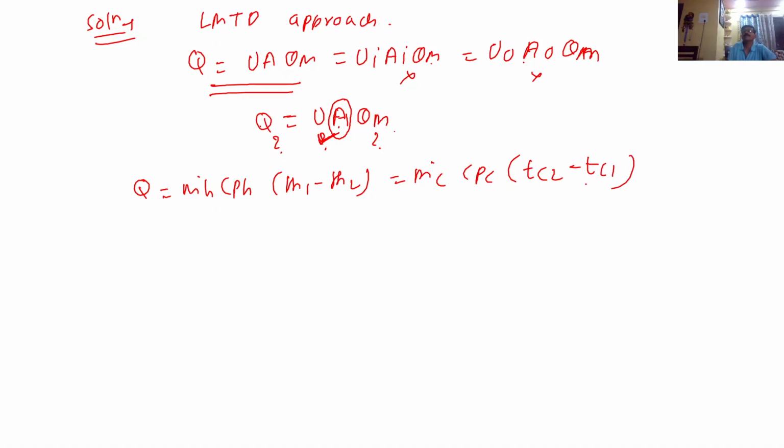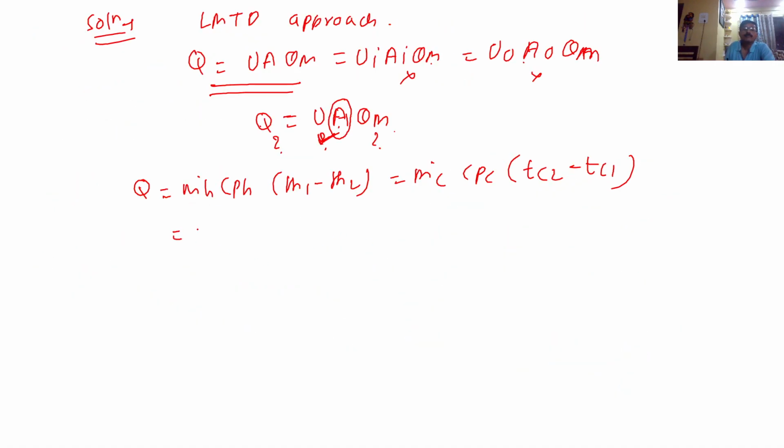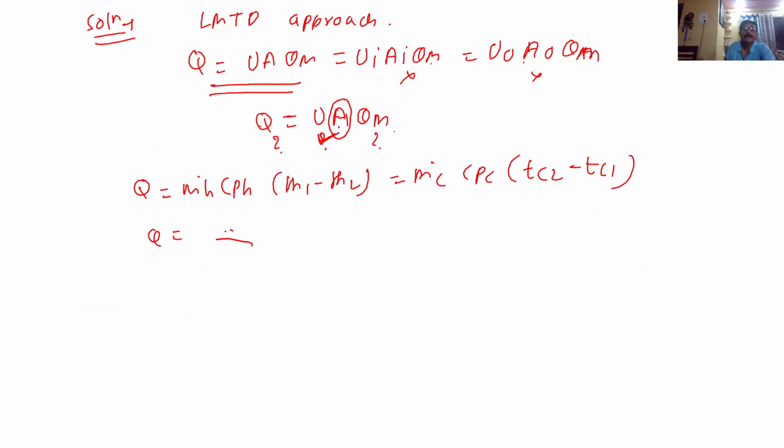So both options are available to you. Depending on the data given, you can calculate it. Mass flow rate is given only for the hot fluid, so I will go for the hot fluid. M dot h, how much is it? 0.9.